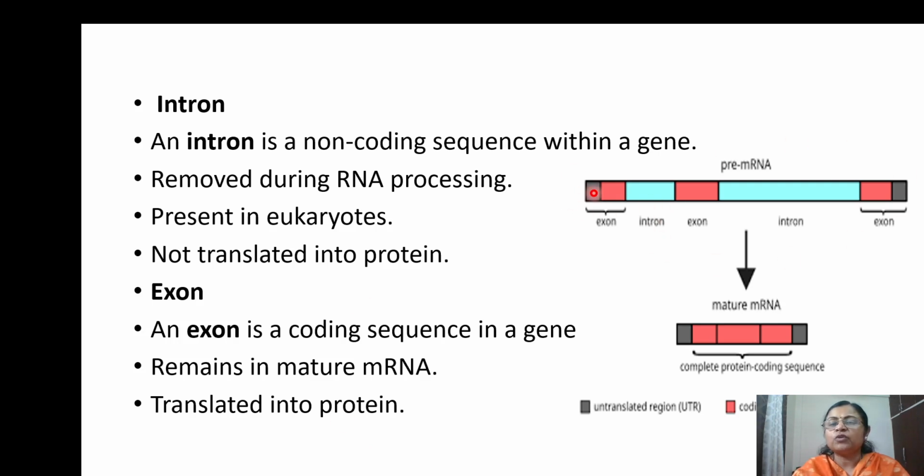In this image, you can observe exons in red color, whereas introns are in blue color. So these introns, the non-coding sequences, are removed, and only the coding sequences remain. After combination of these coding sequences, we obtain the complete protein coding sequence.